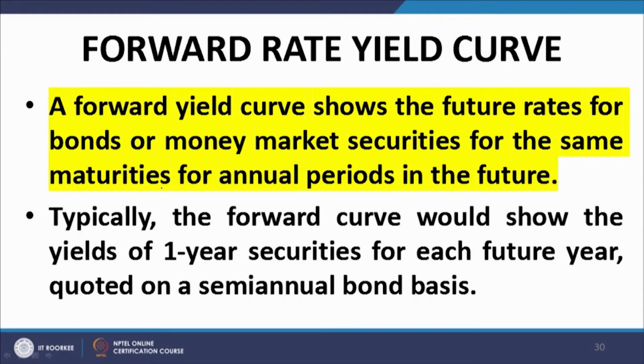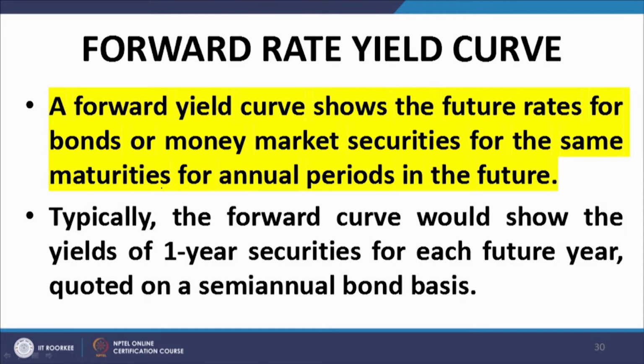A forward rate yield curve shows the future rates for bonds or money market securities for the same maturities for annual periods in the future. So, for example, we typically have the forward curve that shows the yields on 1 year securities for each future year quoted on a semi-annual bond basis.